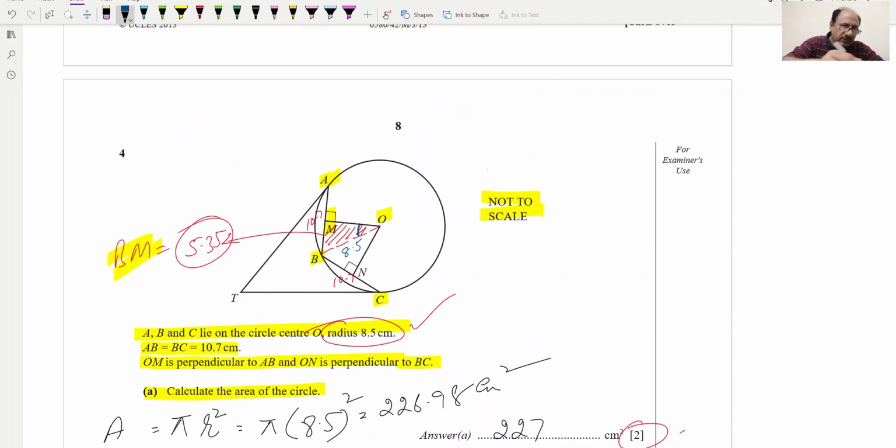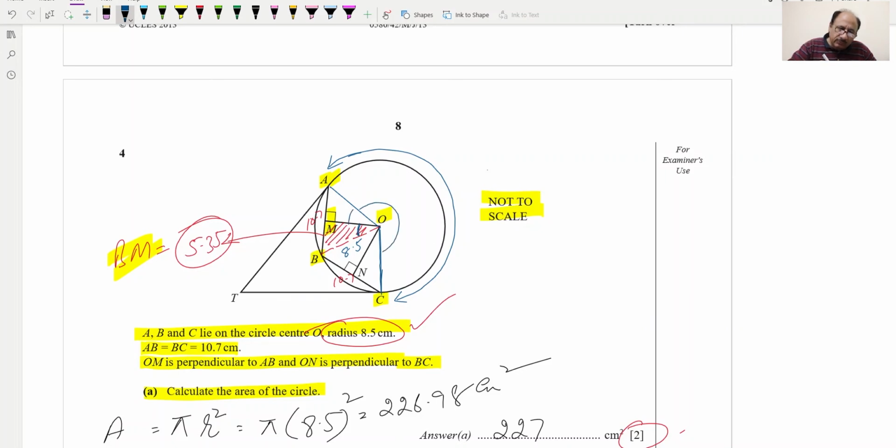AC, if we draw it, from A to C will be this arc, and the length of this arc is required, from this point to this point. So the angle we will be taking is this much.